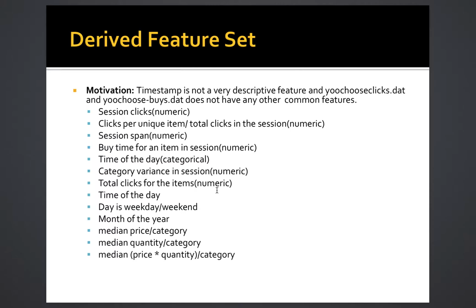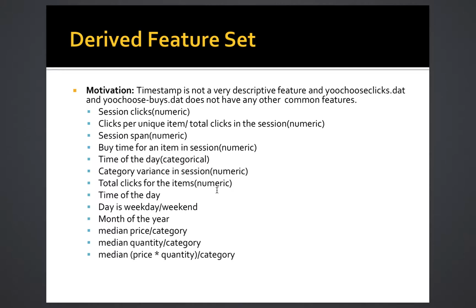Then the clicks per unique item, which is indicative of the importance of the item to a particular user. Then session span, the duration of the session. Then buy time for an item in a session, the difference between the time the item is clicked last and the time when the item is first clicked.